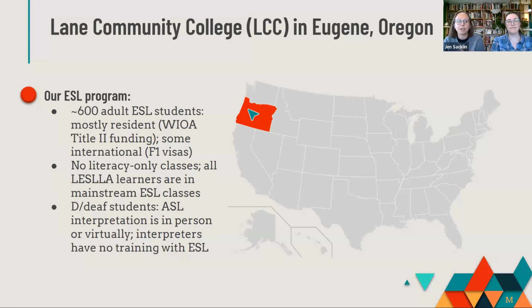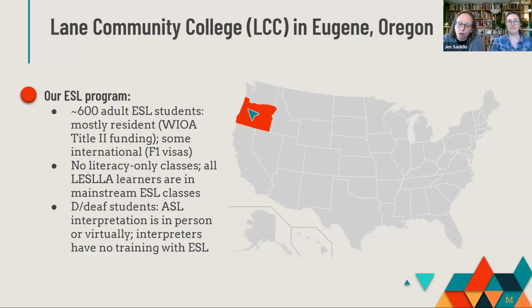So within the community college, we have our English as a second language program, and we serve roughly 600 adult ESL students. Most of our students are resident students, which means they are in our community for the long haul. We do have some international students who are on F1 visas, but it is important to note that we do not have literacy only classes within our program.